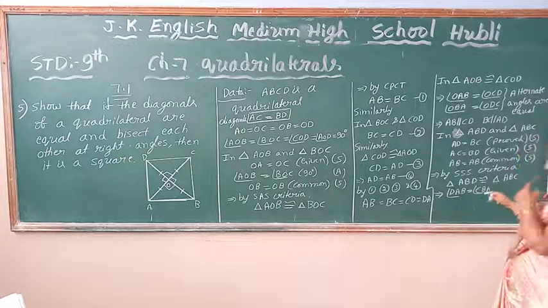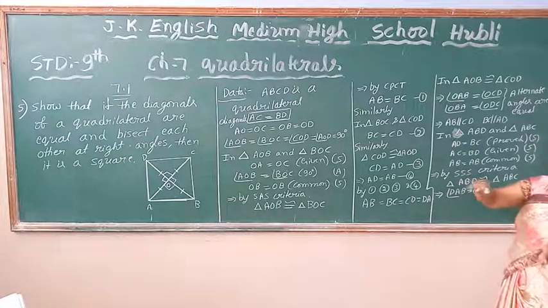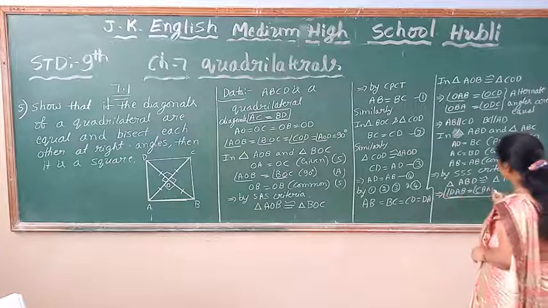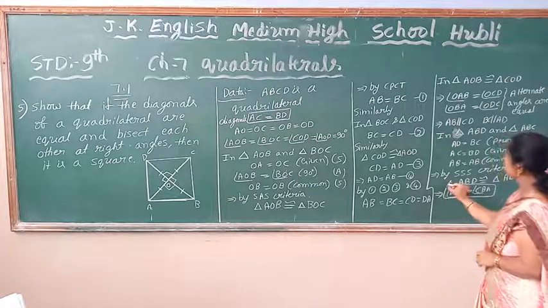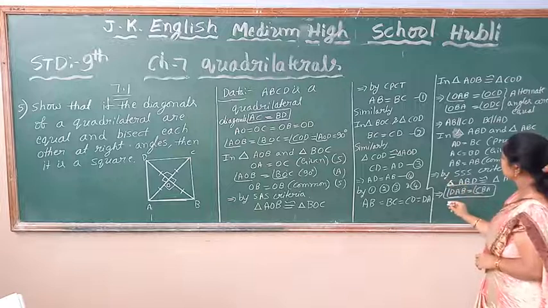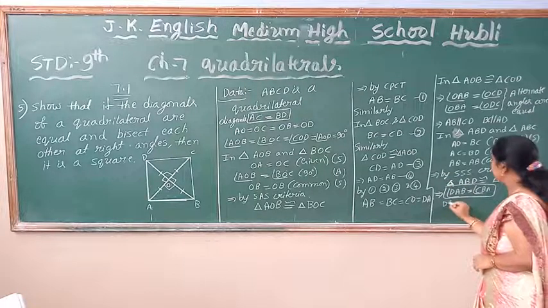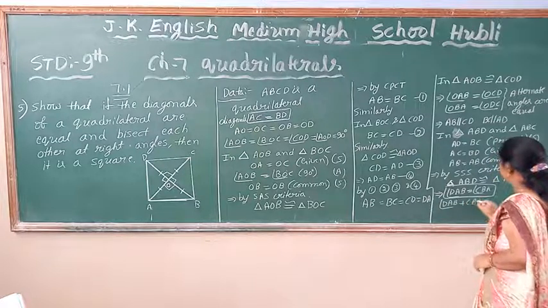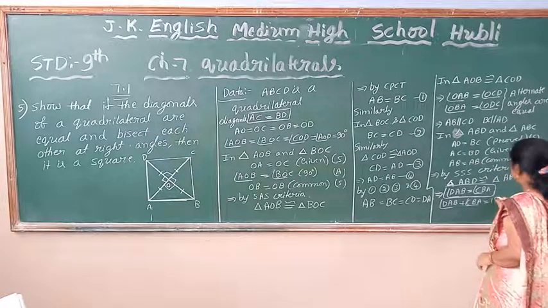These angles are equal, and they are standing on the same line AB. Therefore, DAB plus CBA angle is equal to 180 degrees.